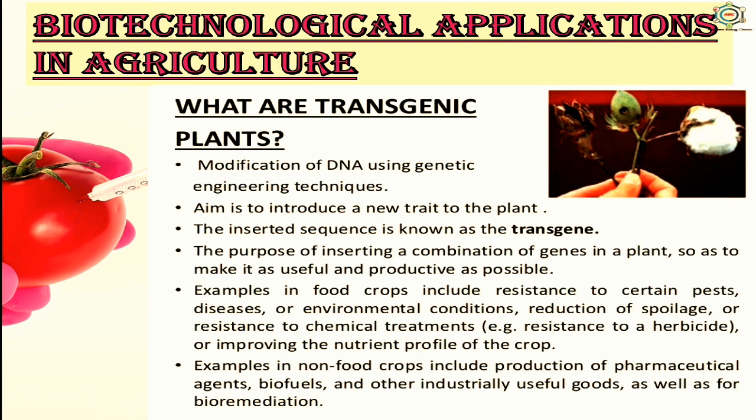Examples in food crops include resistance to certain pests, diseases or environmental conditions, reduction of spoilage or resistance to chemical treatments, or improving the nutrient profile of the crop. Examples in non-food crops include production of pharmaceutical agents, biofuels, and other industrially useful goods, as well as bioremediation.